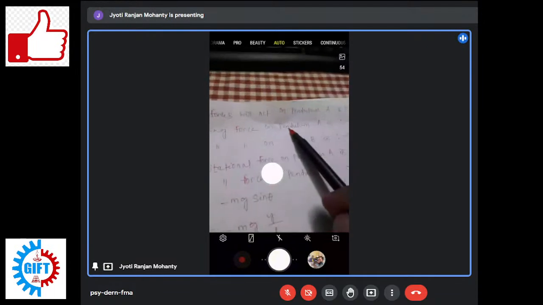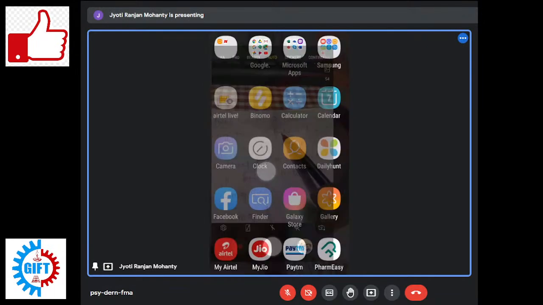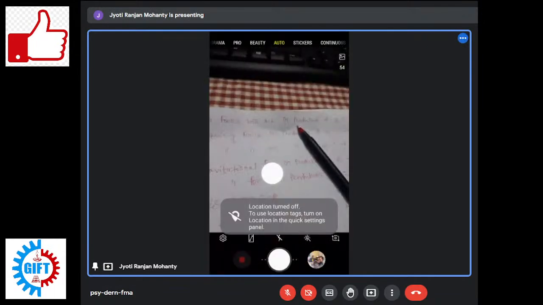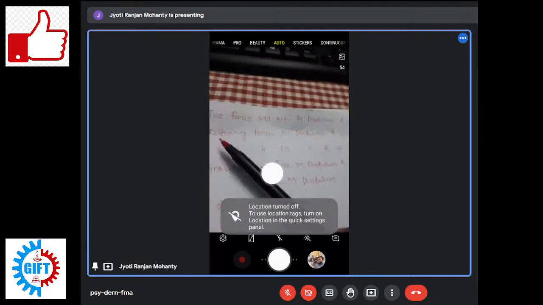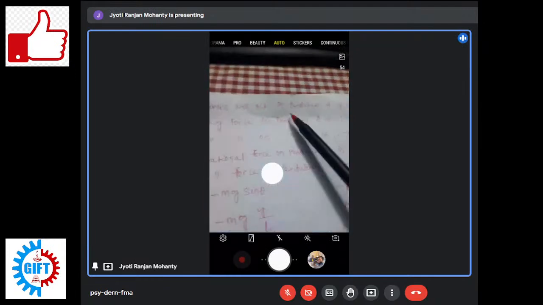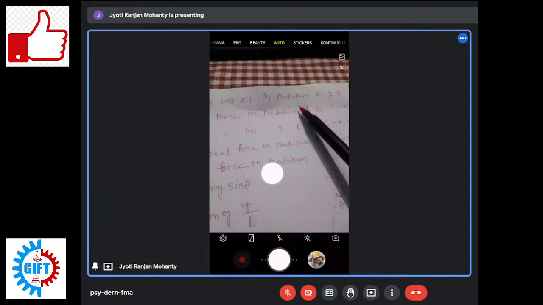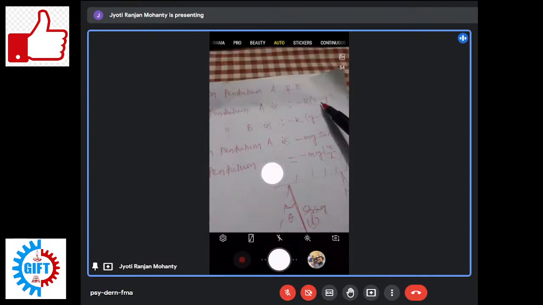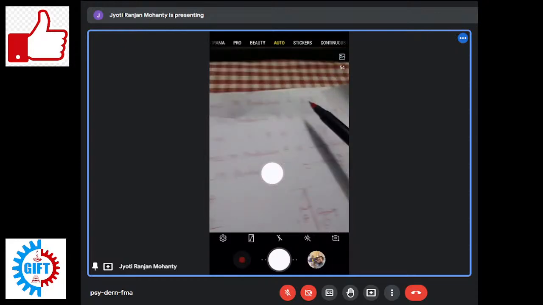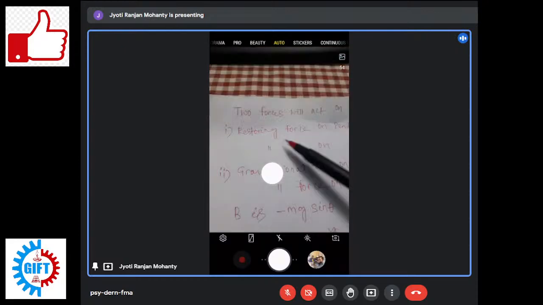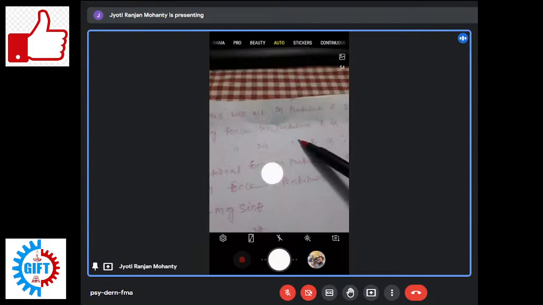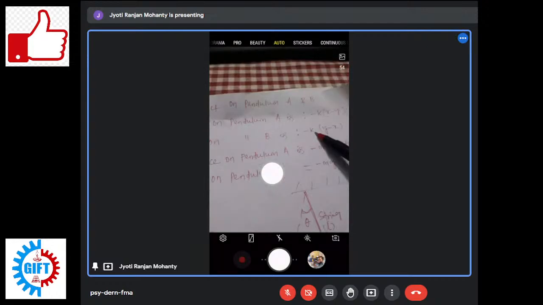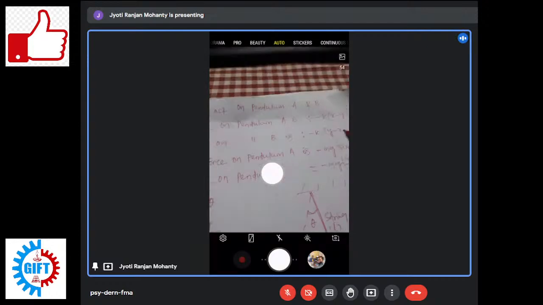As you know, in case of simple pendulum, there will be restoring force. Restoring force on pendulum A is minus K into (X minus Y). Restoring force on pendulum B is minus K into (Y minus X).